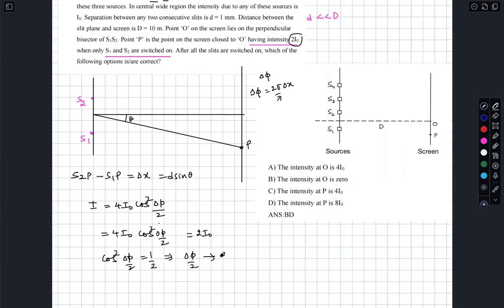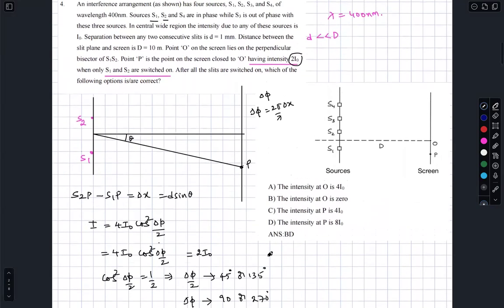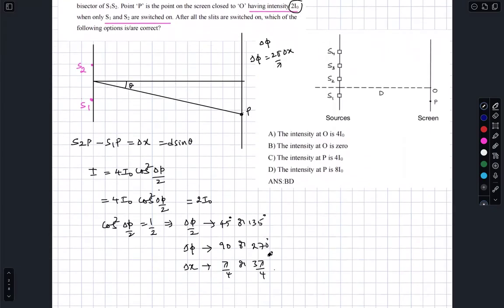So delta phi by 2 can be 45 degrees or 135 degrees, which clearly implies the phase difference is 90 degrees or 270 degrees. So the path difference is lambda by 4 or 3 lambda by 4. Right. This is one important observation.